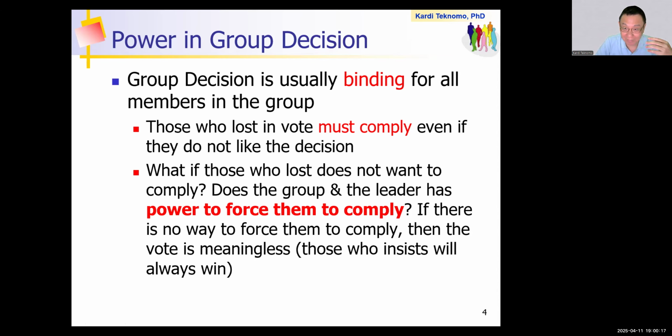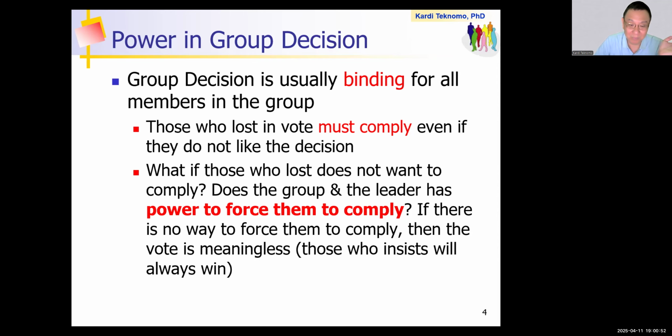Then the next question is, does the group or the leader have the power to force them to comply? We talk about voting, right? Democracy is not just about voting, it's actually about power also. So can we force them to comply? If there is no way to force them to comply, then the vote is actually meaningless.